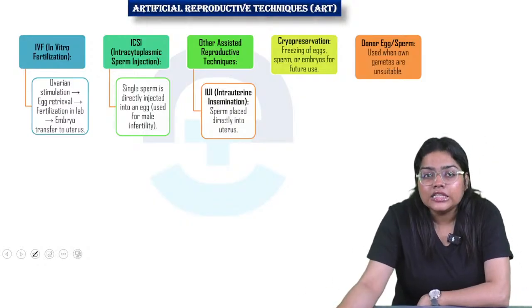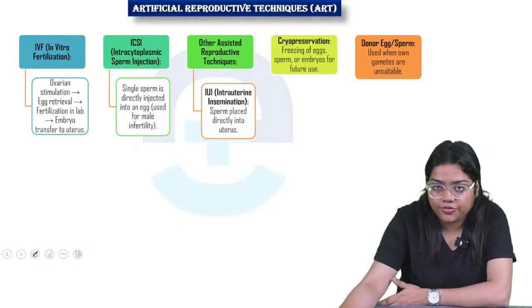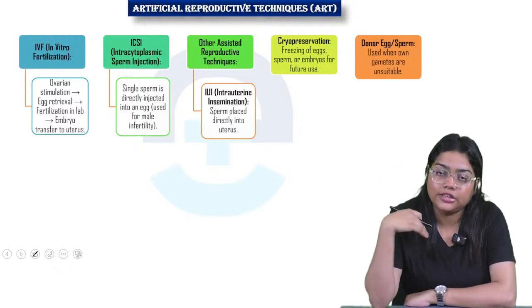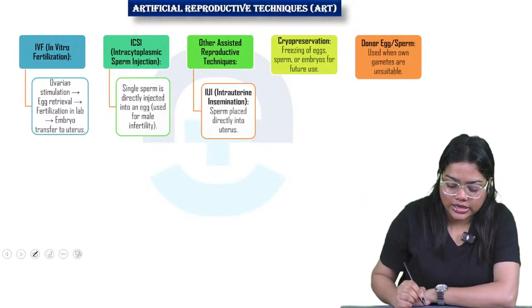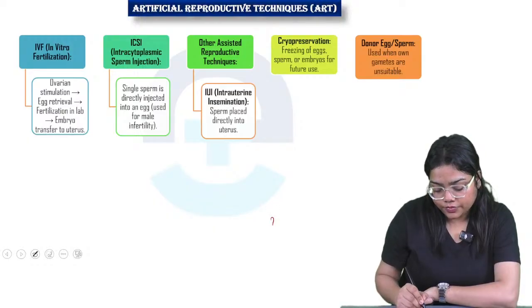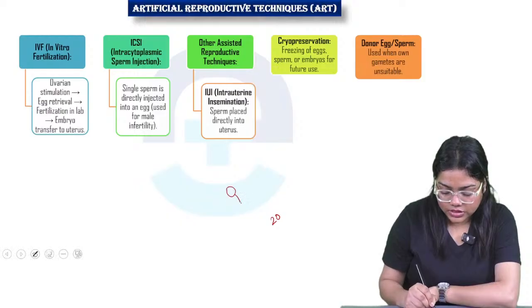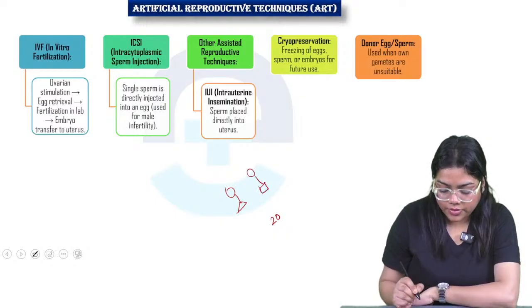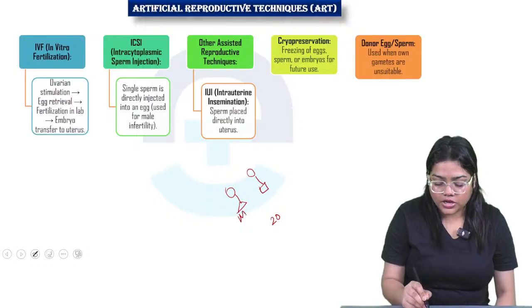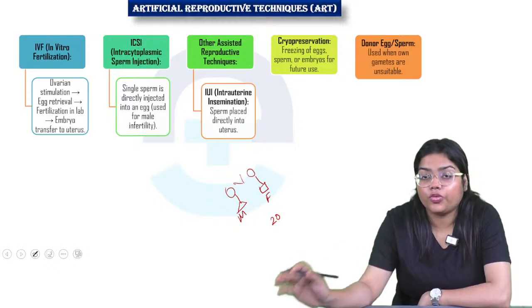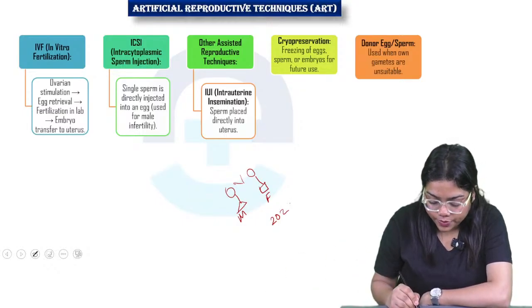So what will happen? Sometimes the couple does not want a child at that moment. Just think a couple, a male and a female, have careers and don't want their child in 2025.